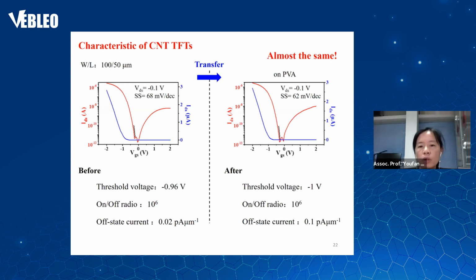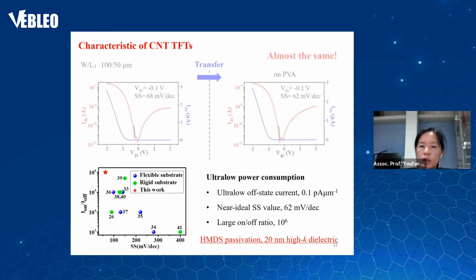And if we further check the numbers we achieved here, it shows that we can achieve the ultra-low off-state current, the near-ideal switching properties, the SS value, and also a very large on-off ratio. So altogether, it means that we achieved ultra-low power consumption here.